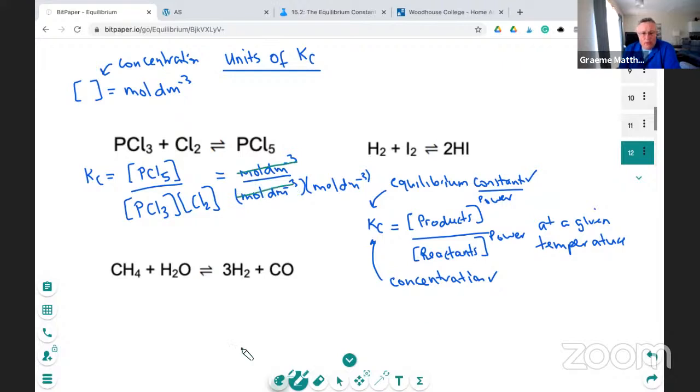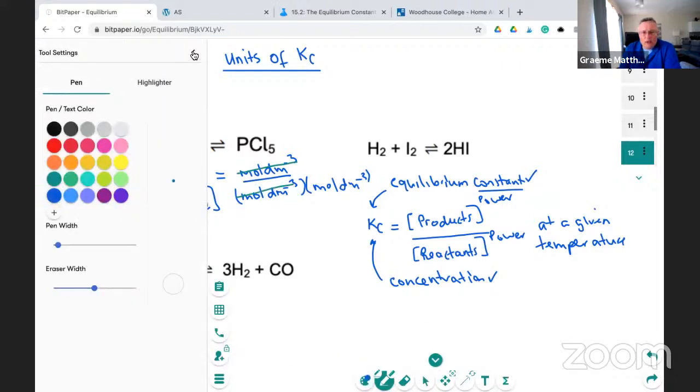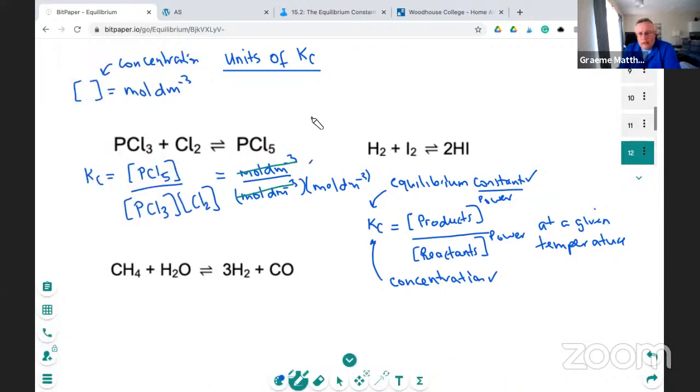And so what I am left with is thinking this will be 1 over moles per decimeter cubed, wouldn't it? Because everything else is canceled out. Now, totally acceptable to leave this as is on the exam.